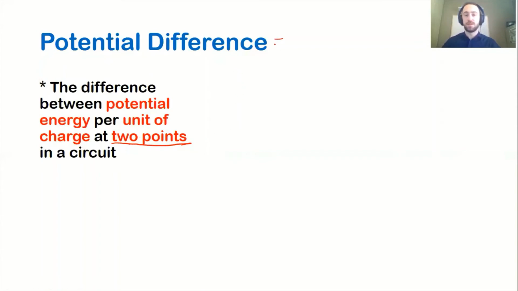Potential difference is also referred to as voltage. You might have heard this term more than potential difference, but these terms are interchangeable. So voltage is the difference between potential energy per unit charge.